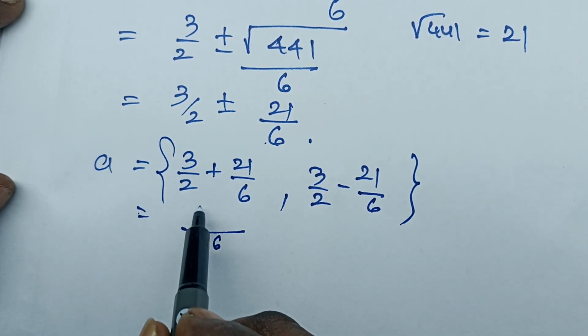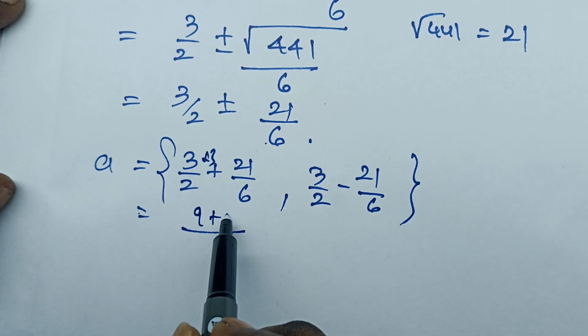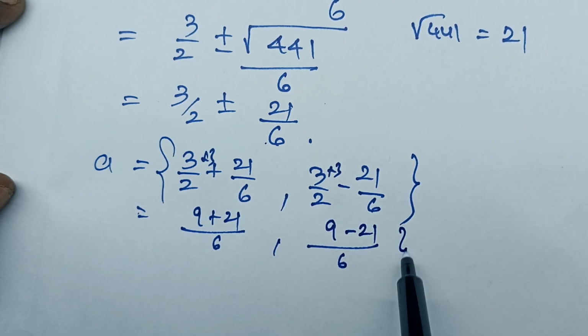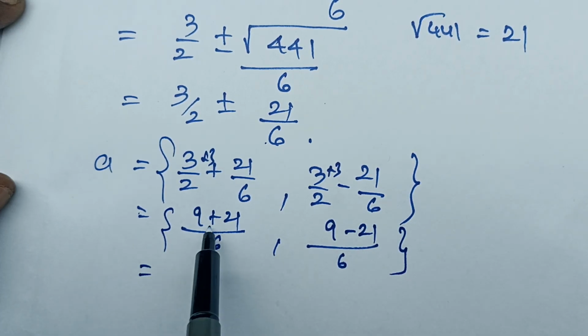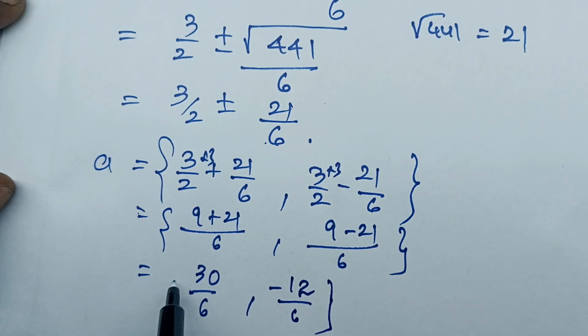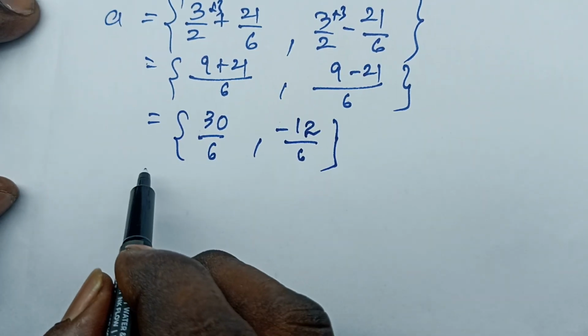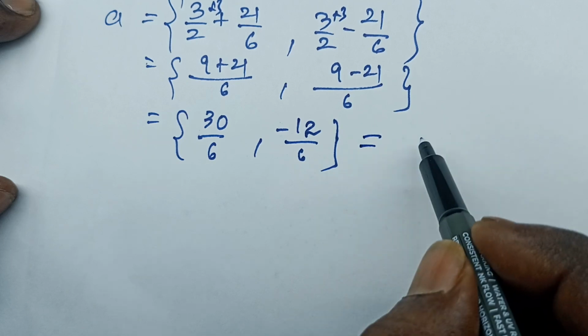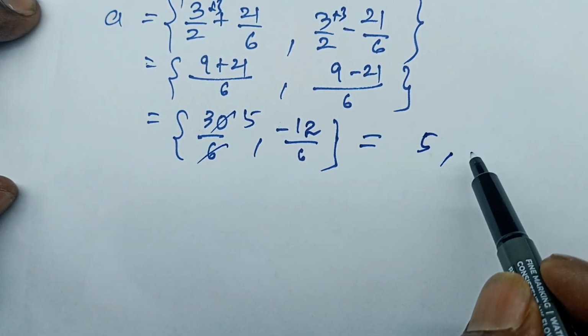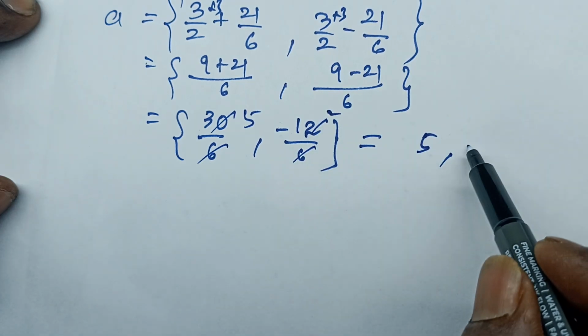Take common 6 into 3, 9 plus 21, 9 minus 21, equal to 30 over 6 and minus 12 over 6, equal to 5 and minus 2.